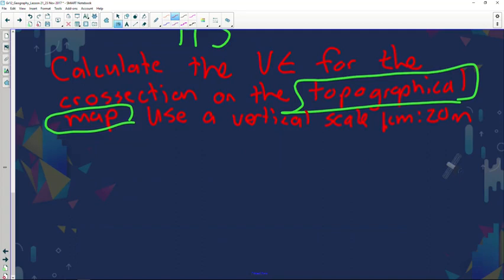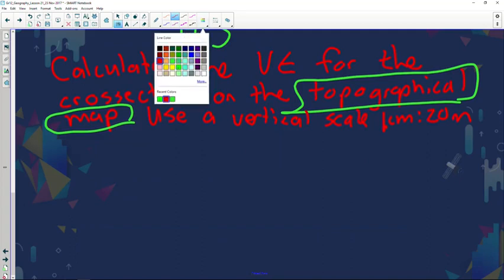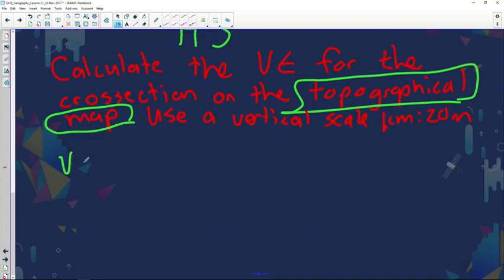Calculate the vertical exaggeration for the cross section on the topographical map. Now immediately, your formula states vertical exaggeration equals vertical scale over horizontal scale. So the only thing you have to do is find out if it's on an orthophoto or on a topographical map. In this case, it's on a topographical map, and there's the scale. The examiner will always provide you with the scale.